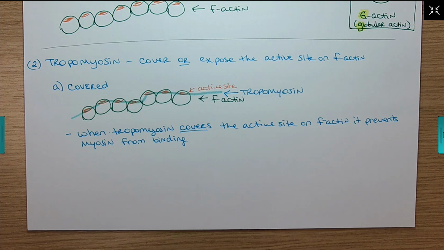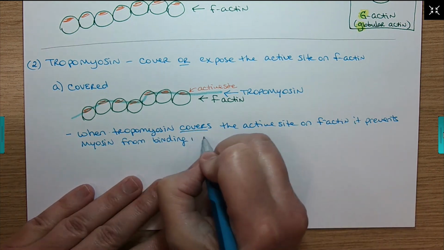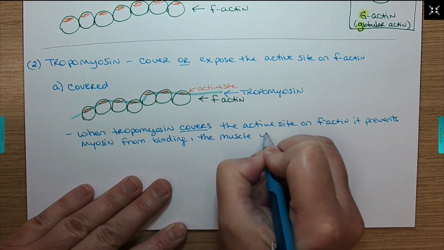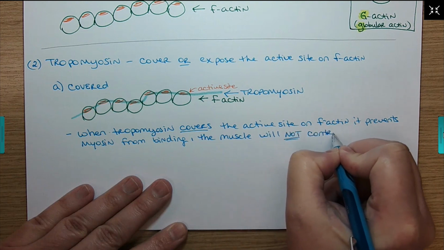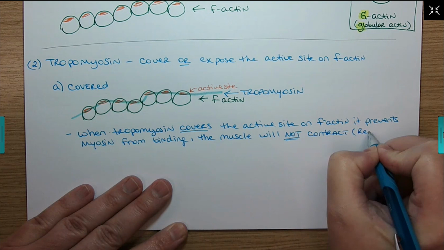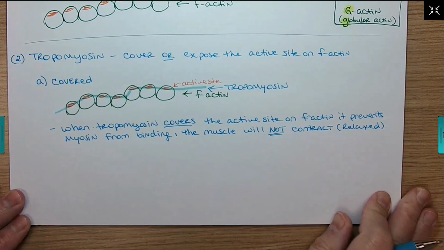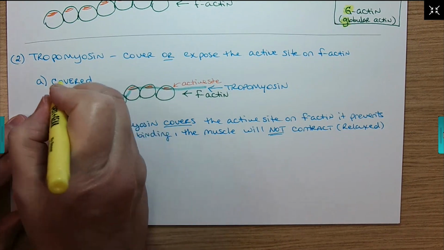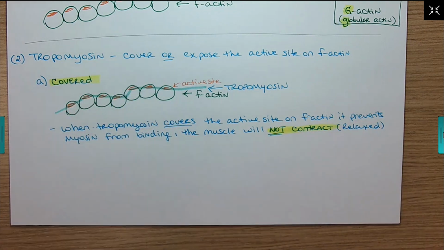So what is the end result? If myosin can't bind, the muscle will not contract, meaning the muscle is actually relaxed. So if your active sites are covered, you do not get a contraction out of that.